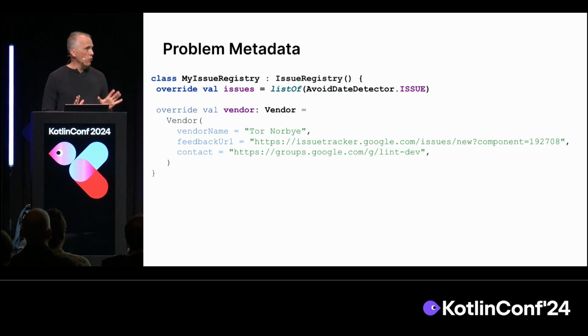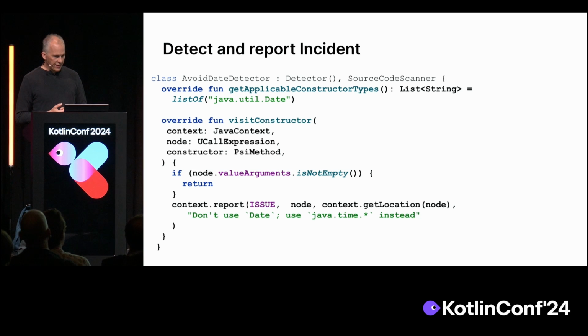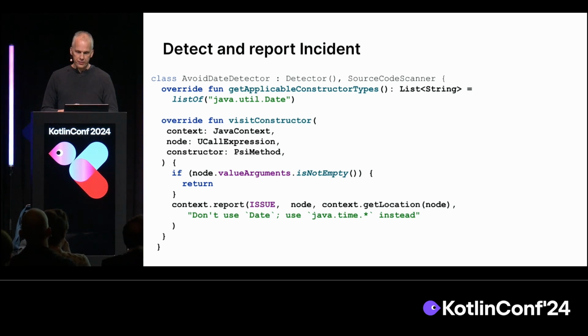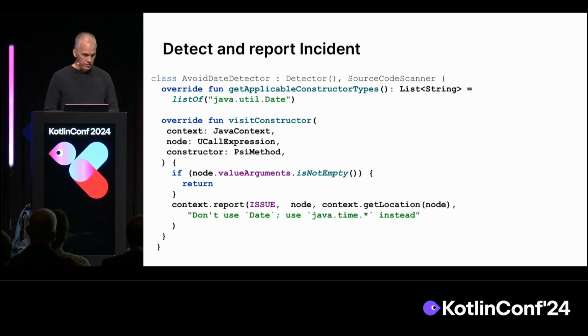So now on to the code, which is actually going to find and report these types of problems. That's called a detector. And here's our detector. It's very, very simple. Lint has a number of callback methods where you register an interest in something, and then there's a callback when that thing is found. So here in the first override, I'm telling Lint we're interested in anyone constructing the class Java util date.